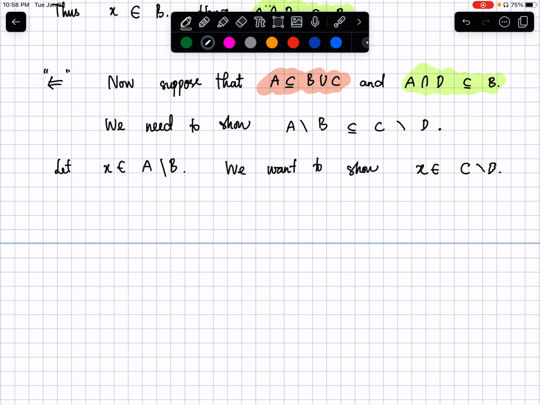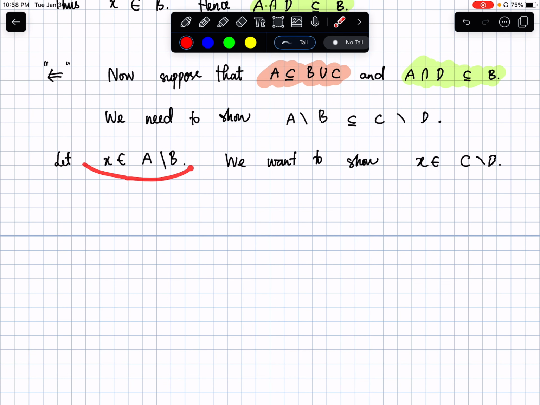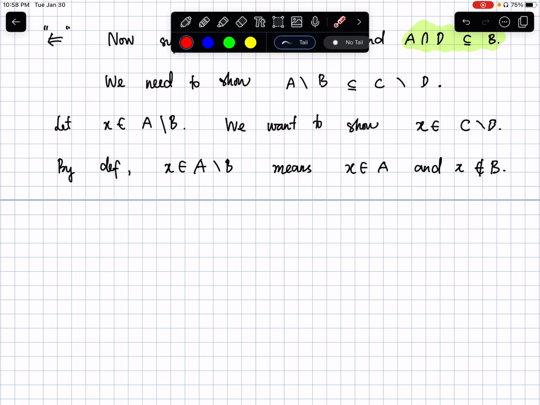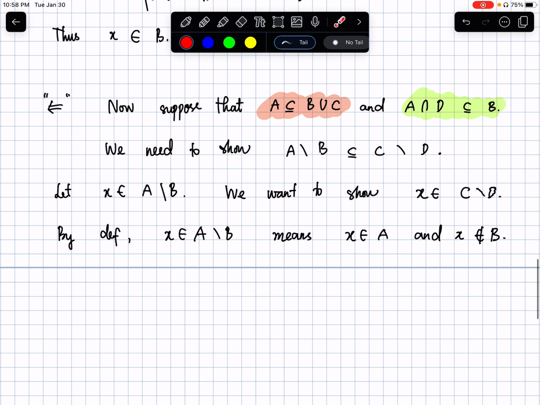Okay. So now let's start from here. x is an element of A minus B. What does this mean? By definition, x in A minus B means x in A and x not in B. Okay. x in A and x not in B. So x in A. But our hypothesis, A is a subset of B union C, right?